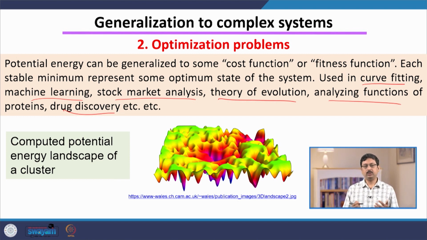Usually in those cases, the number of independent variables to define the cost function is very high, and hence instead of a simple 1D function or 2D surface, you have a very complex function.